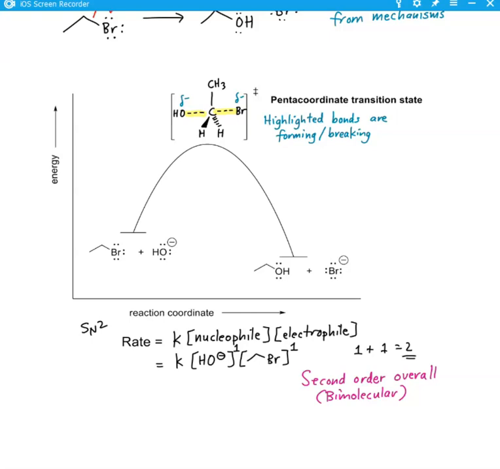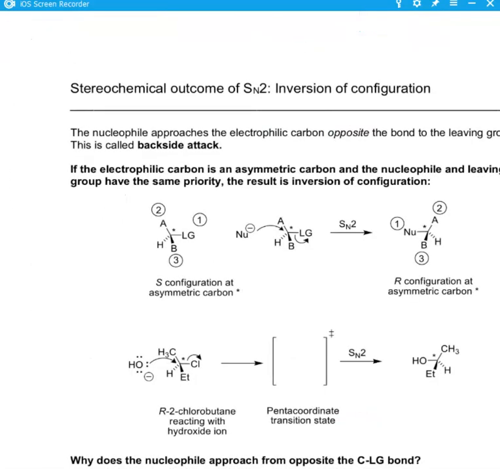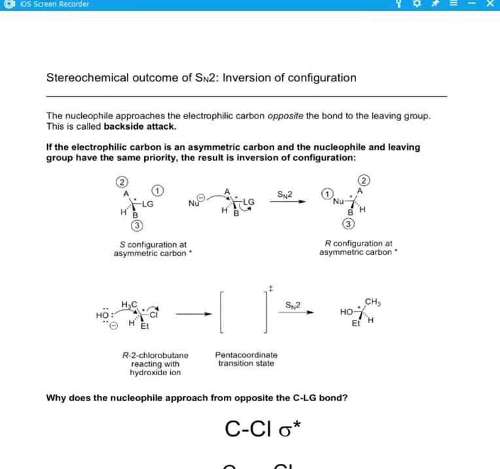When we talked about addition reactions, for some of those, we focused on the stereochemical outcome of the reaction because the stereochemical outcomes were specific to some of these addition reactions. The SN2 reaction, as we actually already saw, also has a particular stereochemical outcome. Now, this is called an inversion of configuration.